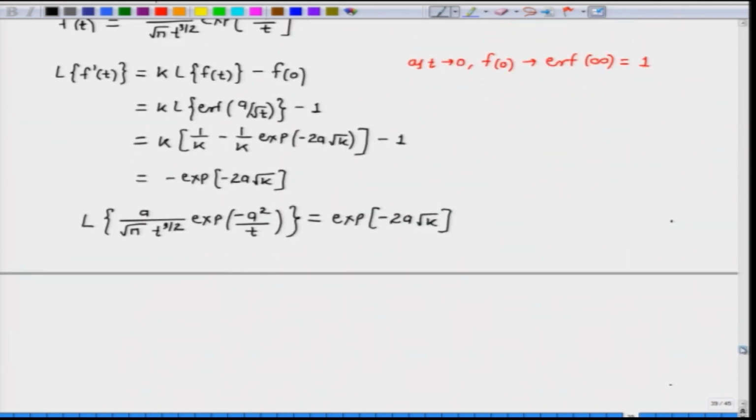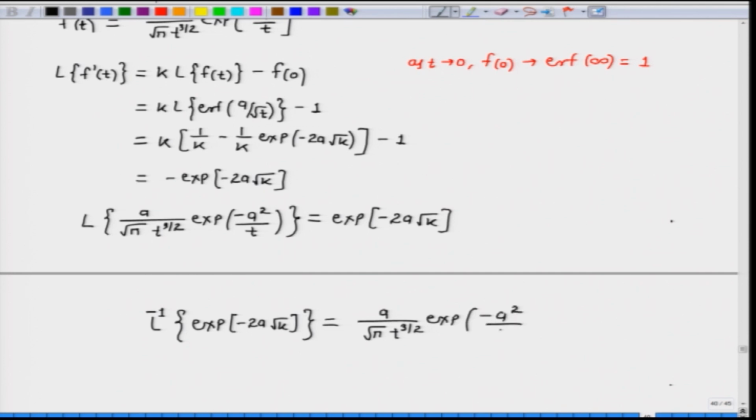If we take the inverse on both sides, we can also write this as L inverse of exponential of minus 2a root k should be equal to a by root pi t to power 3 by 2 exponential minus a square by t. So, this is another formula that is often used while solving the diffusion equation.